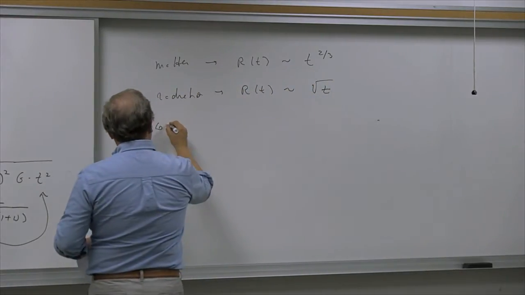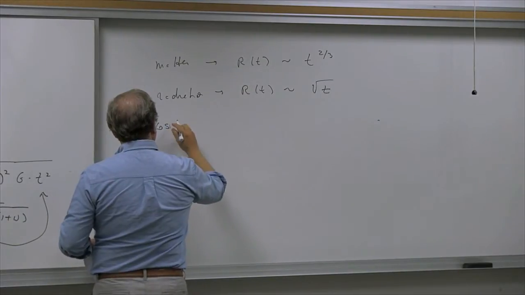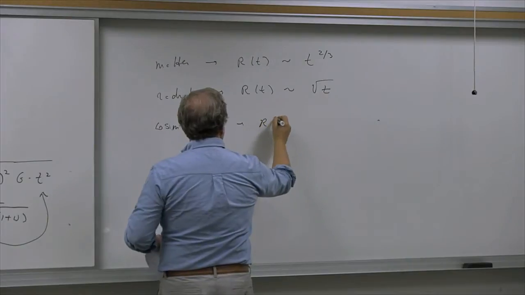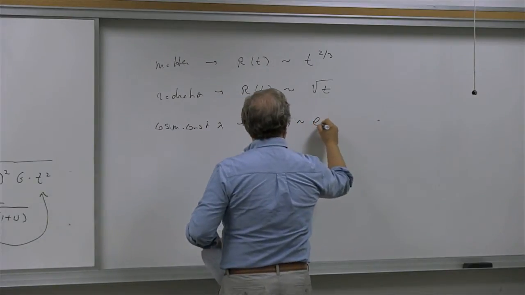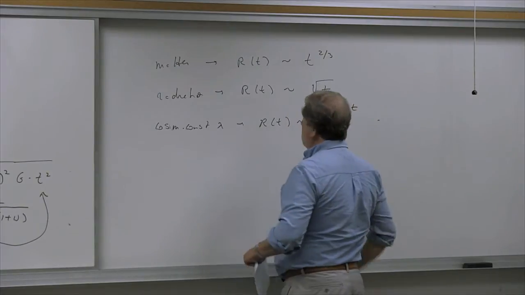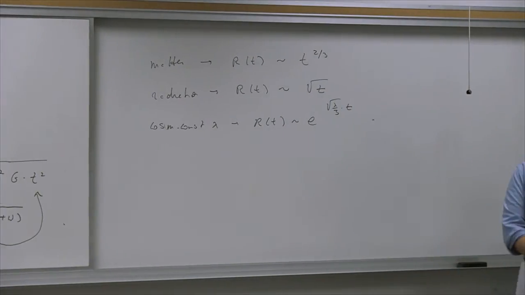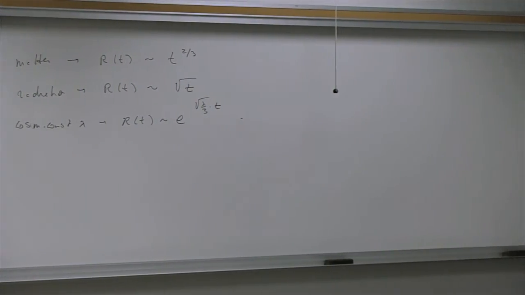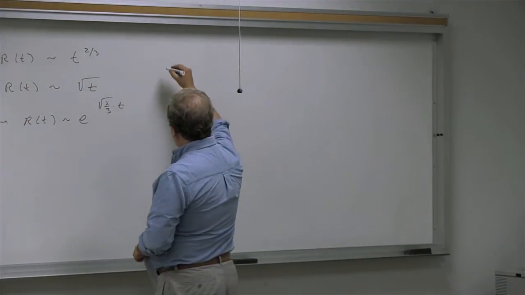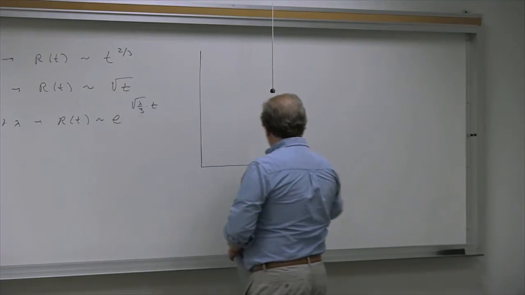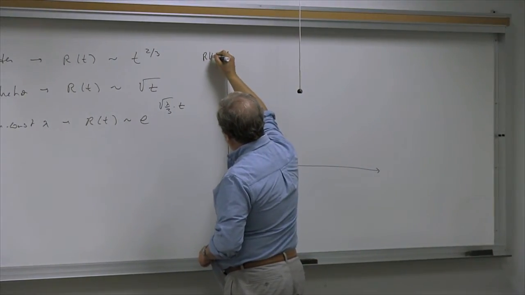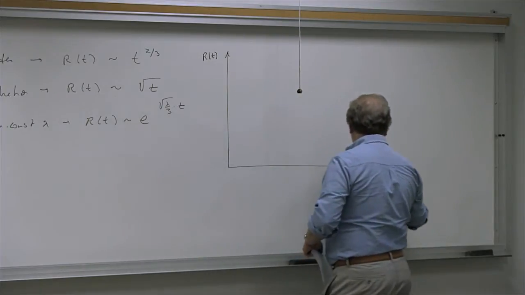And for the cosmological constant, lambda, R of t goes like e to the square root of lambda over 3 times t. Right? So the expansion is a power law in the first two cases, but it's an exponential expansion for the cosmological constant. And so, as I said, that means that you can make a plot of R of t versus t.